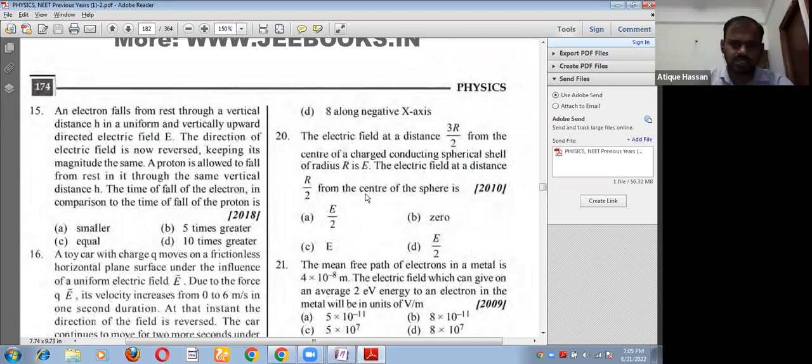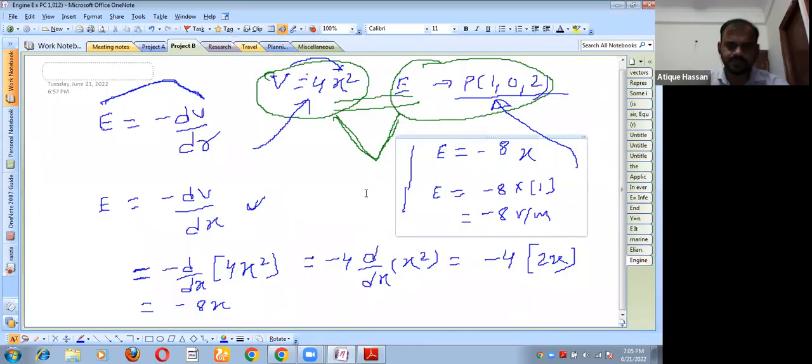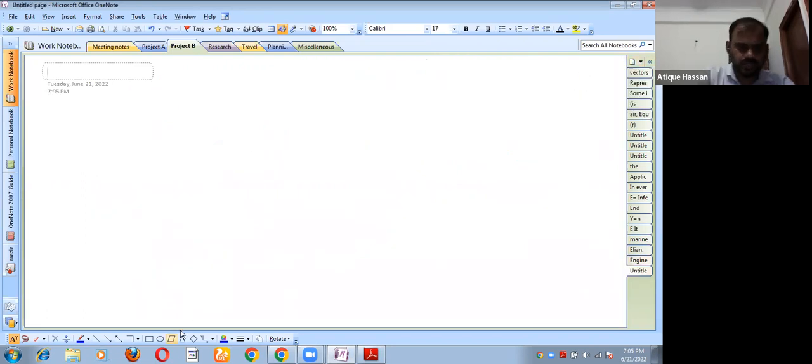So let us understand it through a diagram. What is the question saying?